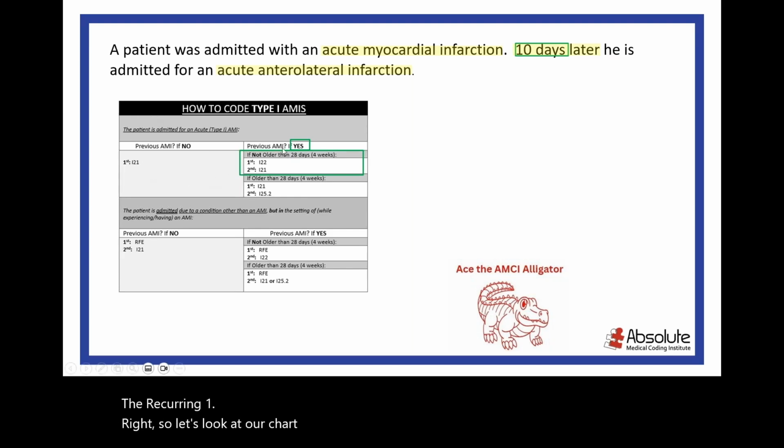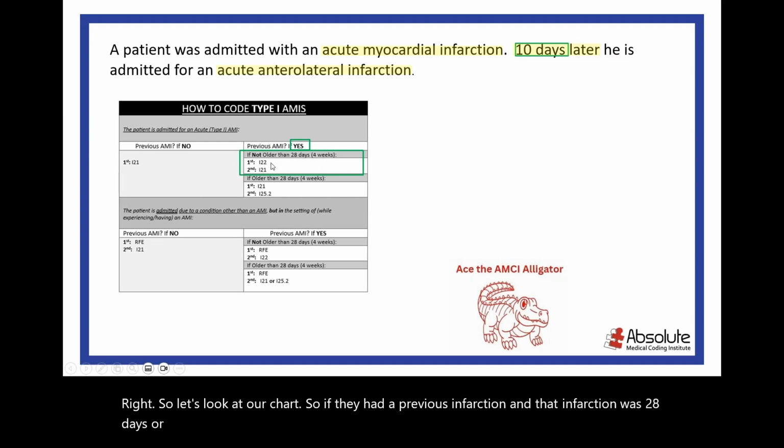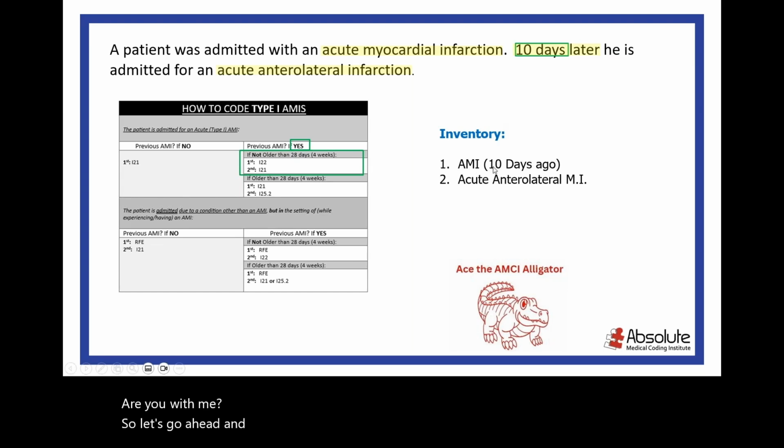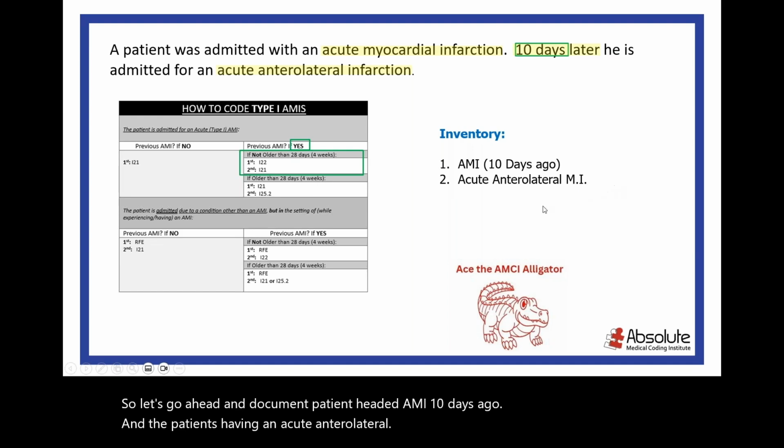If they had a previous infarction and that infarction was 28 days or less, then we're going to sequence it like this: I22 for the recurring one, and then I21. Are you with me? So let's go ahead and document. Patient had an AMI 10 days ago, and the patient's having an acute anterolateral infarction today.